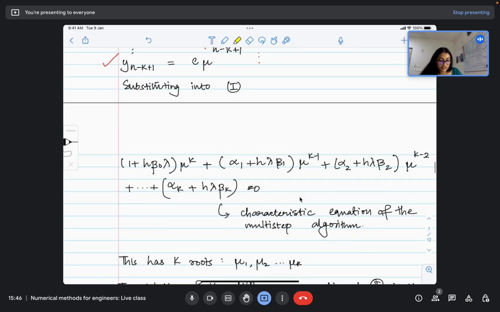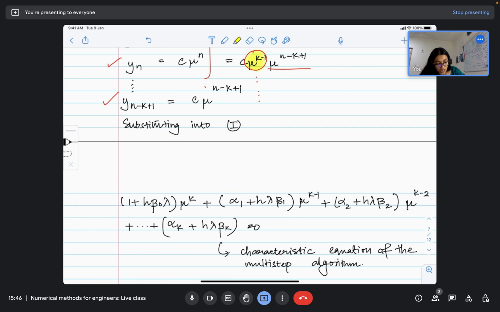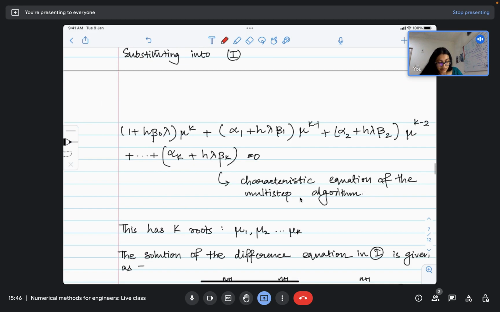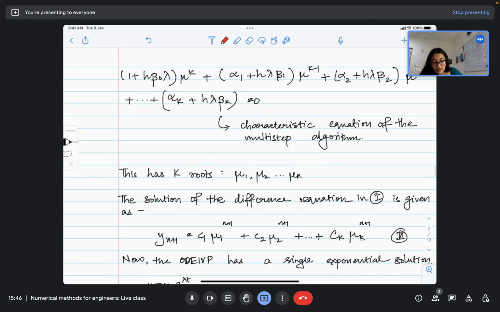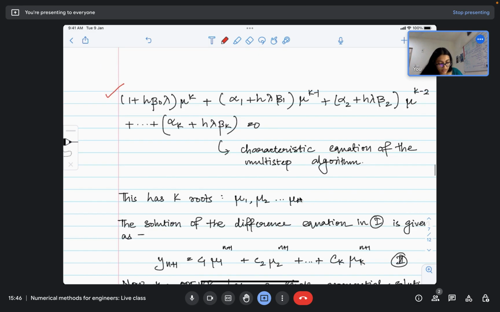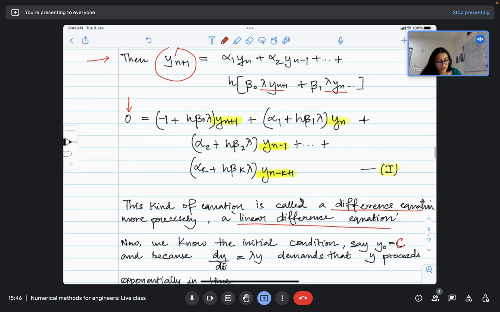Substituting this into the equation 1 that we had written earlier, we are going to get something like this. What have we basically done? Let's draw a connection. We have replaced these values of yn plus 1. I've not changed anything else. These are all constant, and these bracketed terms remain the same.